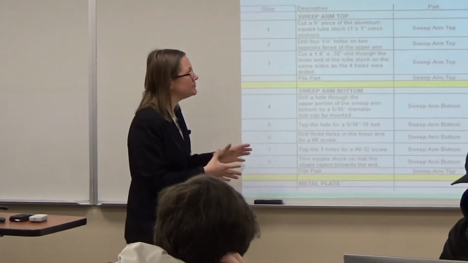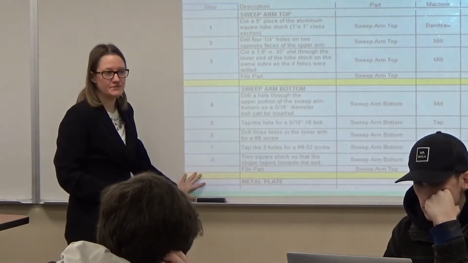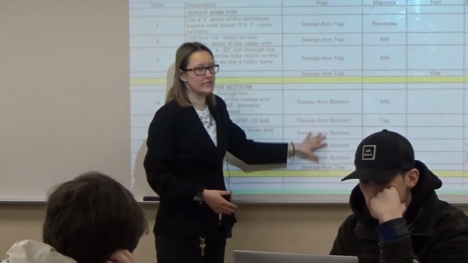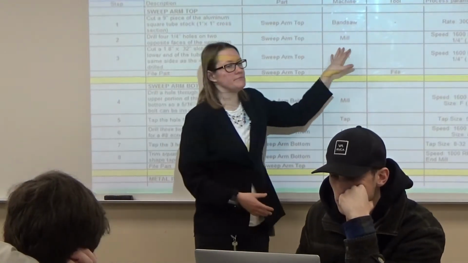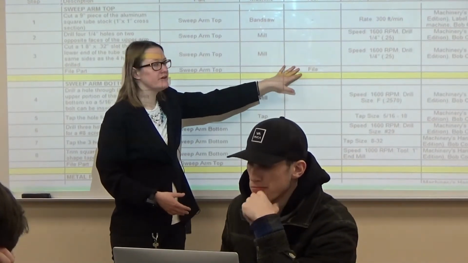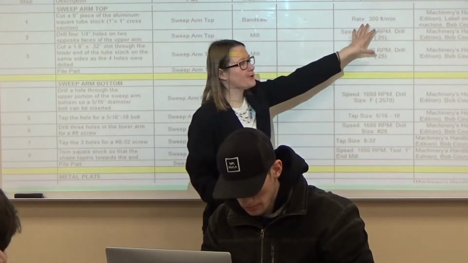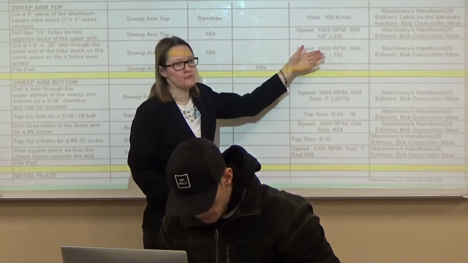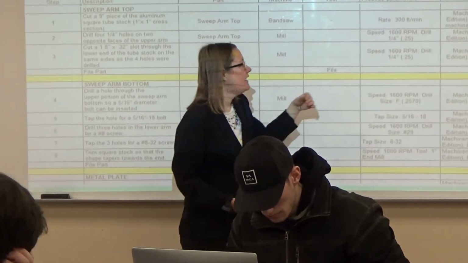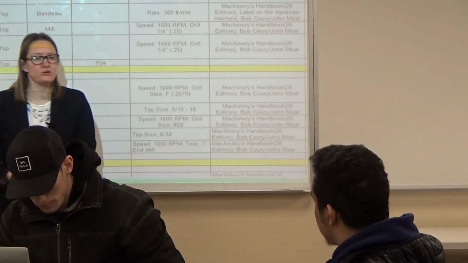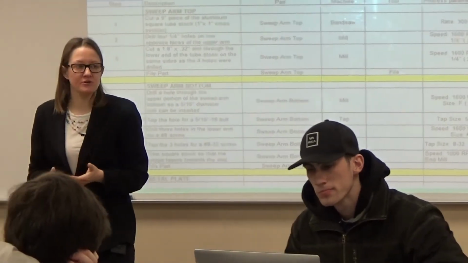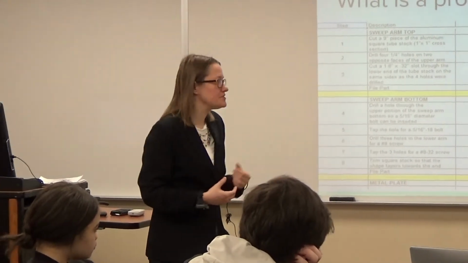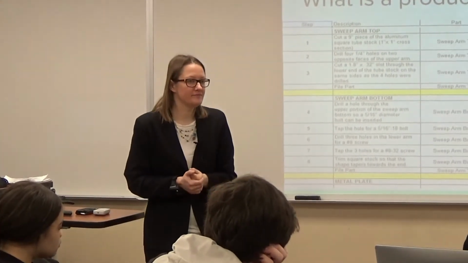So if you are actually building something, you would number your steps. You would have a description of what it is, talk about what part you're dealing with, talk about what machine or tool you're using, and talk about what process parameters you have. So if you're drilling a hole, what size is it and what speed does your drill run at? And then you have a column for references, especially if there are special processes, you have a reference for where you came up with some of these speeds for your drill, for example.